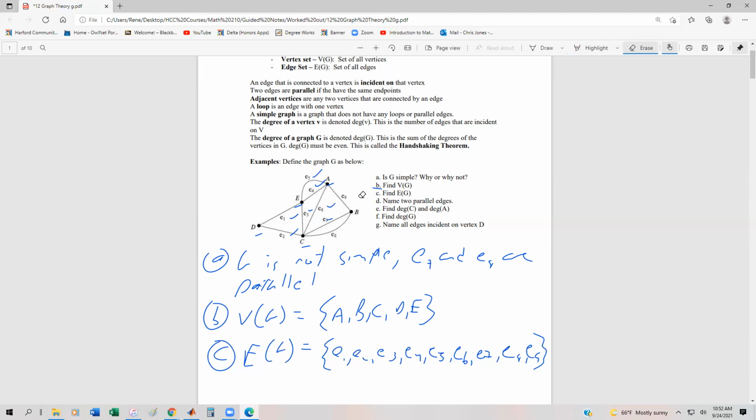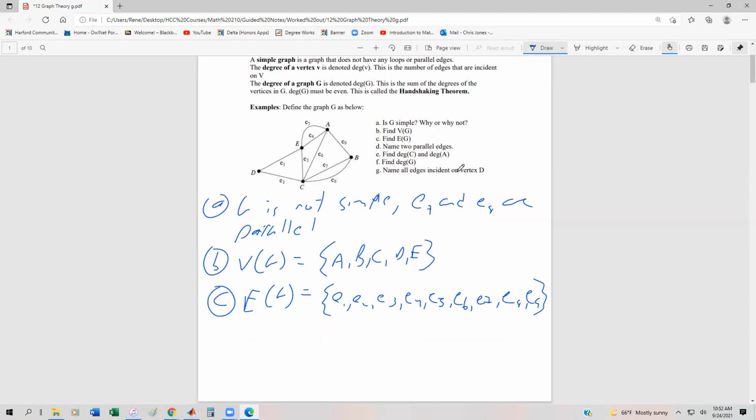Name two parallel edges. Well, we already did, right? Remember we said that two parallel edges were E7 and E8, right? So we've actually answered that question already, but we could go through another pair. E5, E4 are parallel, all right? So we could say a pair of parallel edges are going to be E4, E5, okay?